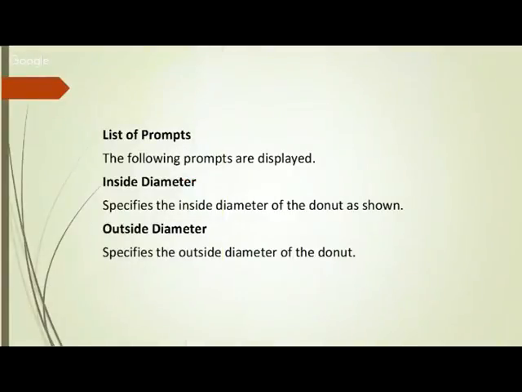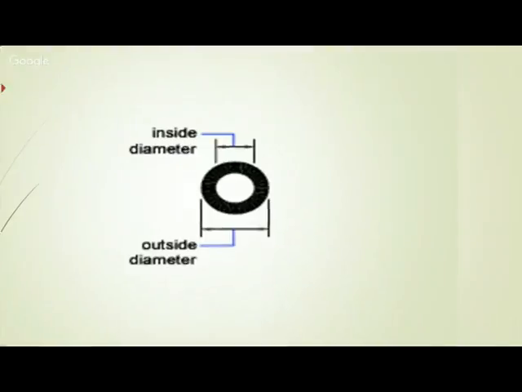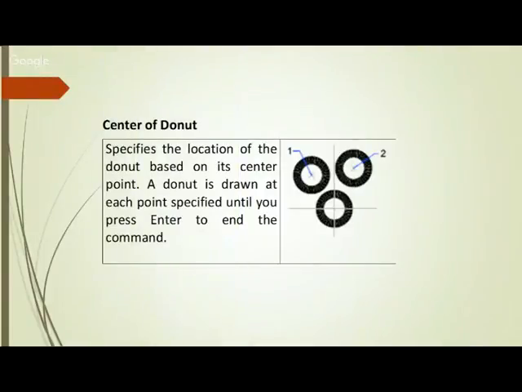When you give the donut command, it will ask you to specify the inside diameter of the donut, right? And specify the outside diameter. This is what we mean by inside and outside diameter. And the center, the 1 and 2, are the center of the donuts.